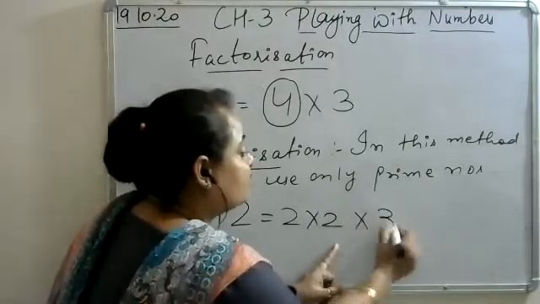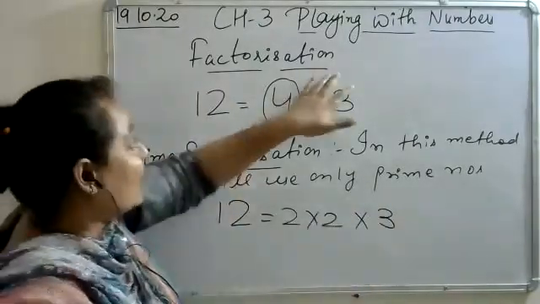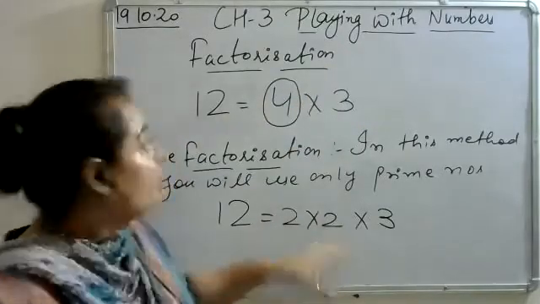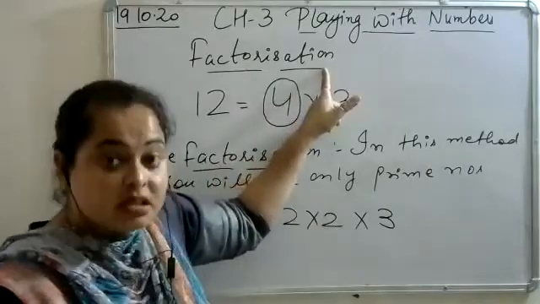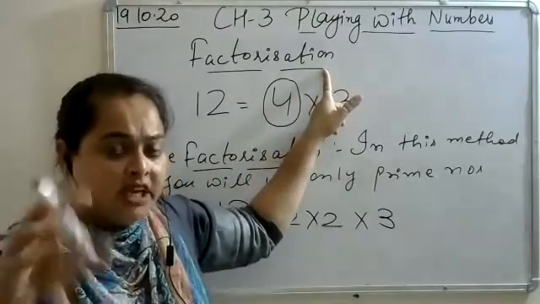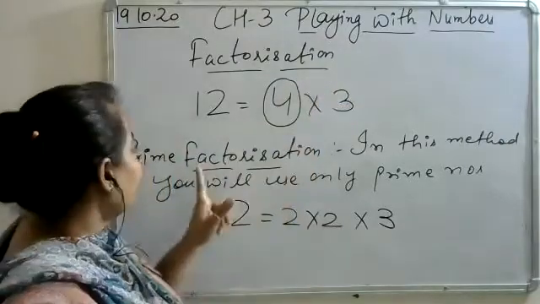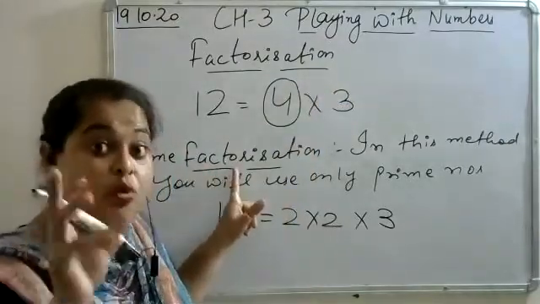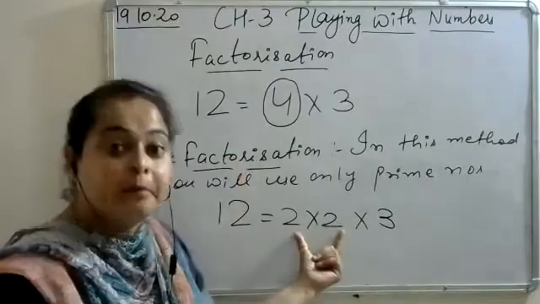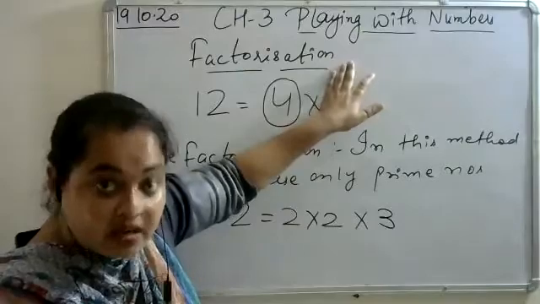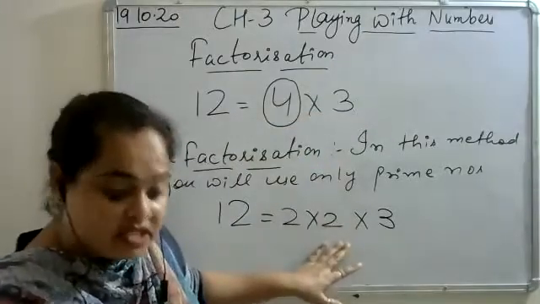So this is the difference between factorization and prime factorization. Factorization means use any number, either composite or prime. But prime factorization means you have to use prime numbers. So this is the difference between simple factors and prime factorization.